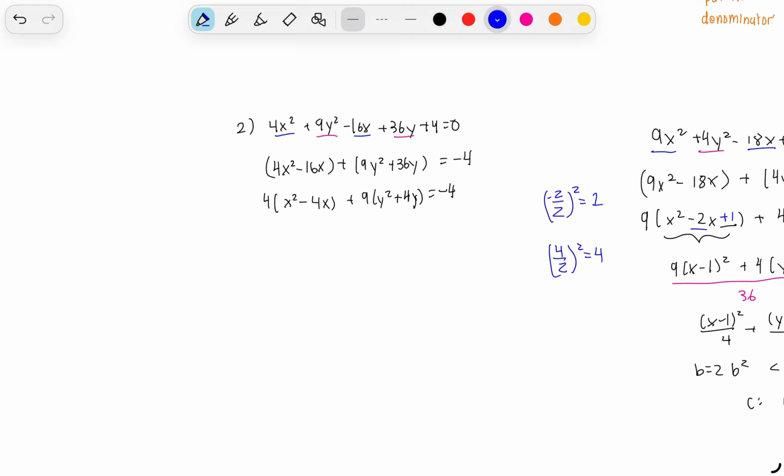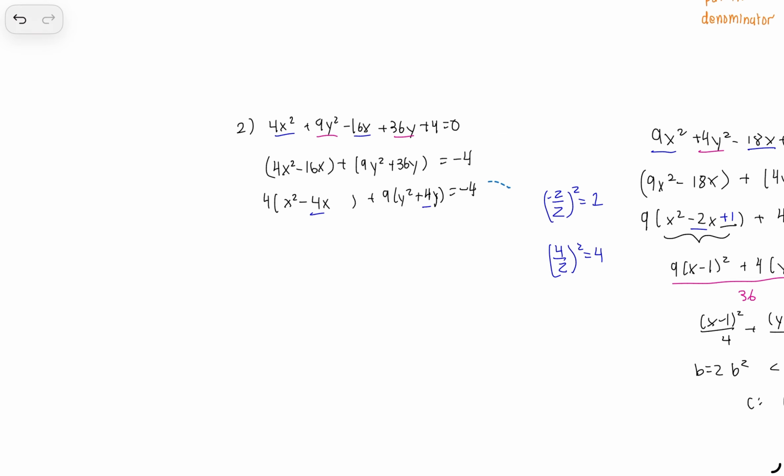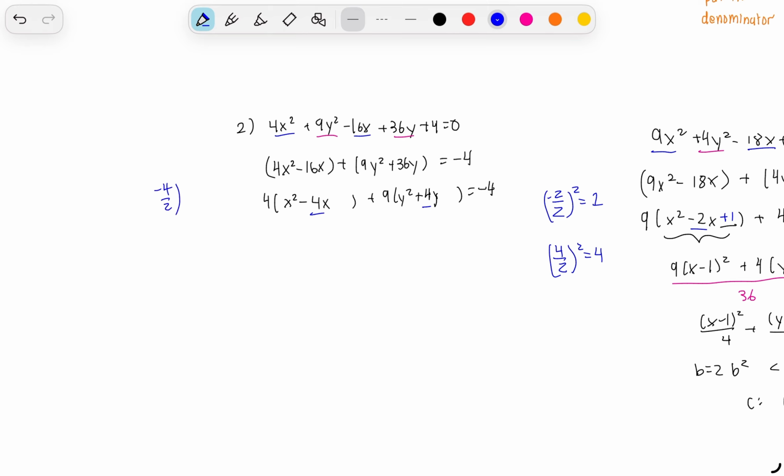After this, you can complete the square. That's going to equal to 4.